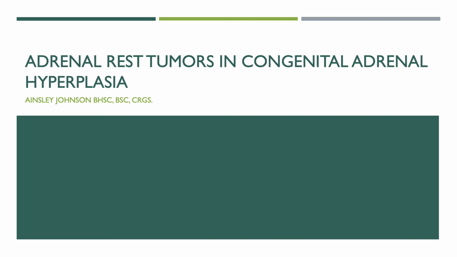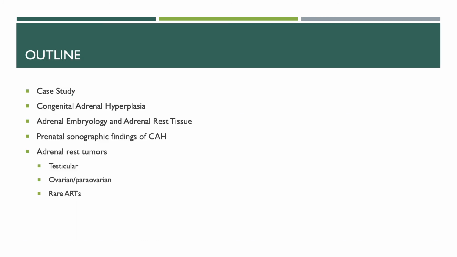While this presentation centers around a pediatric case study, adrenal rest tumors are also prevalent in adults with congenital adrenal hyperplasia. So I hope everyone can take something from this presentation. To start off, I'm going to review a short case study with ultrasound images. Then I will dive into a little bit about congenital adrenal hyperplasia and the theories about the origin of adrenal rest tumors.